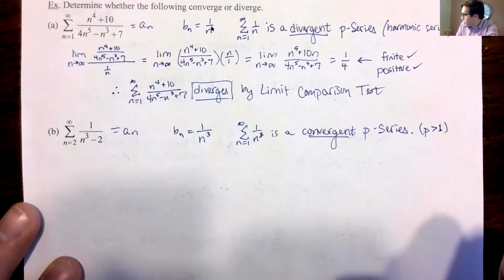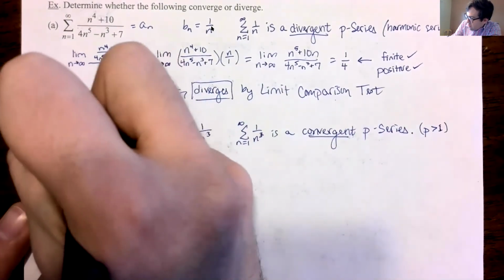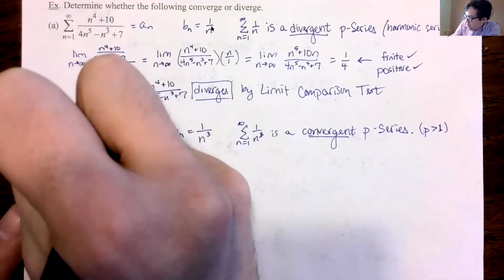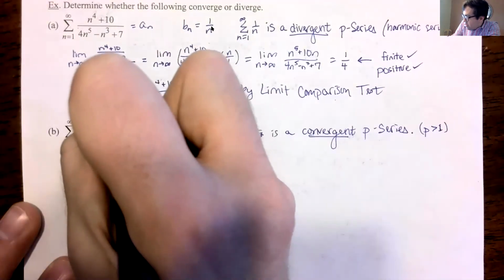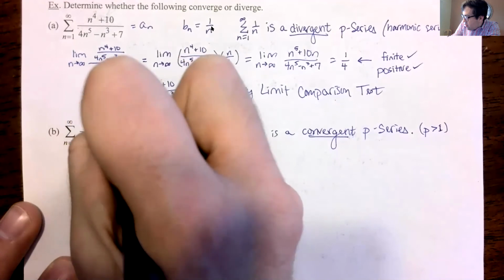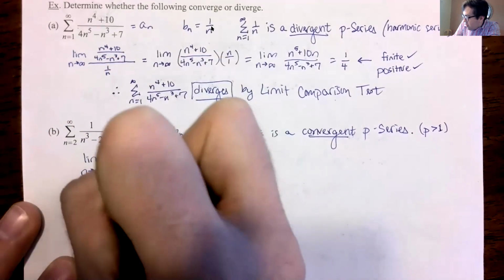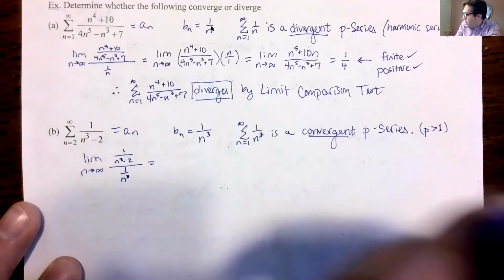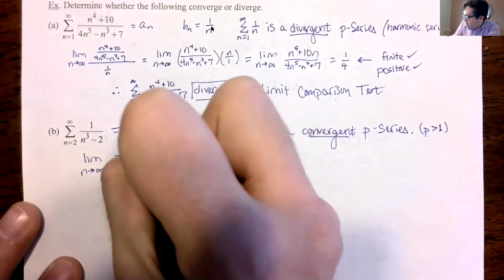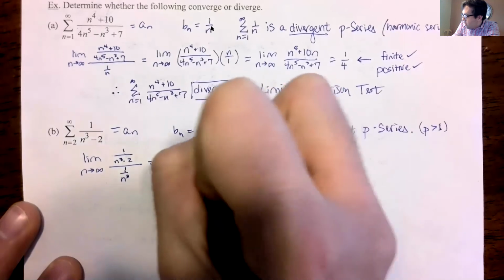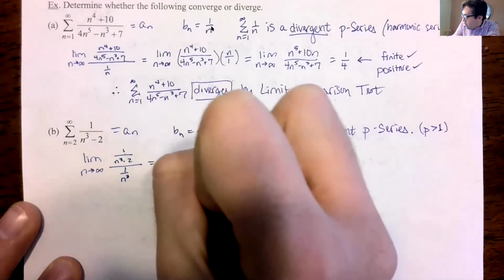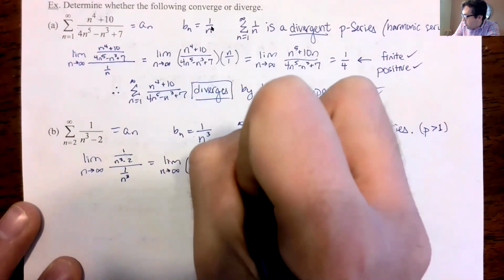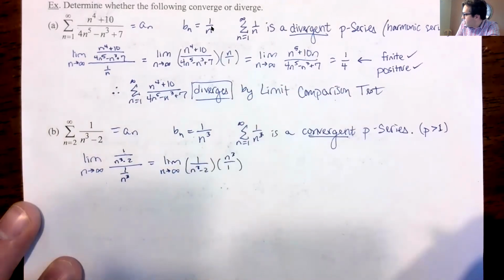Okay, so now we're going to set up our limit statement. So the limit as n approaches infinity of the a sub n over the b sub n is going to equal the limit as n approaches infinity of 1 over n cubed minus 2 times n cubed over 1.